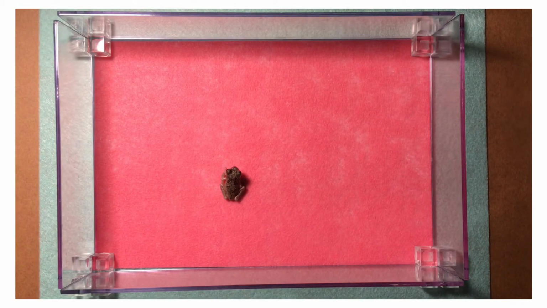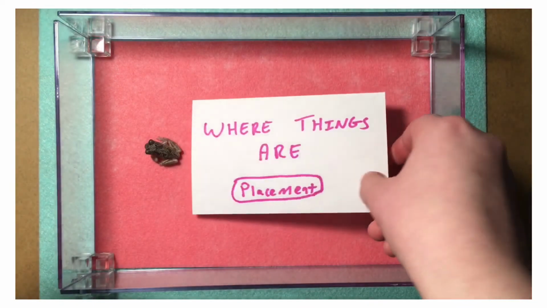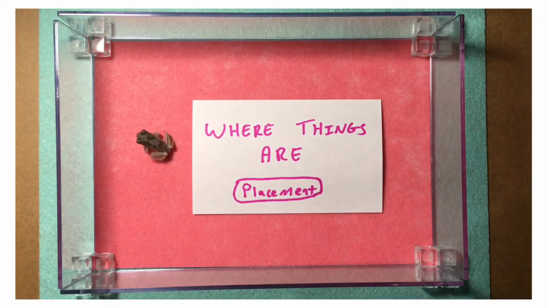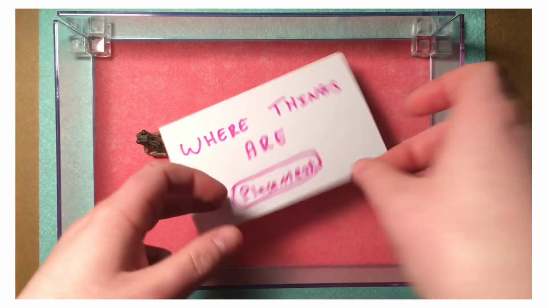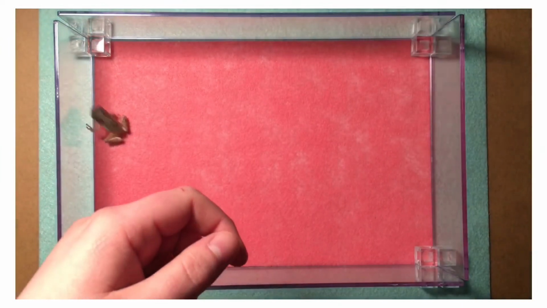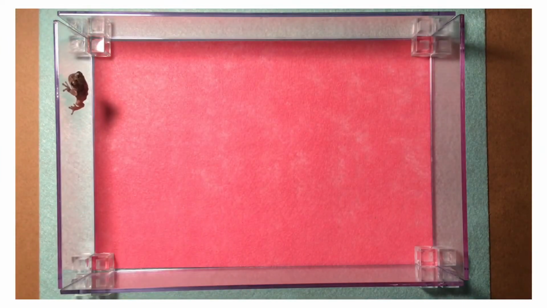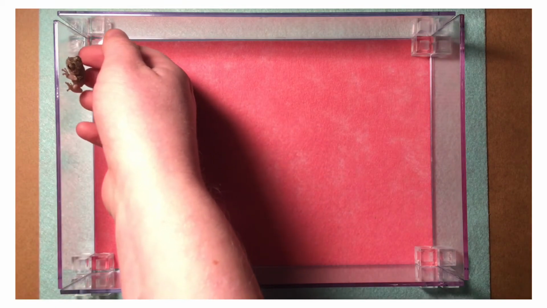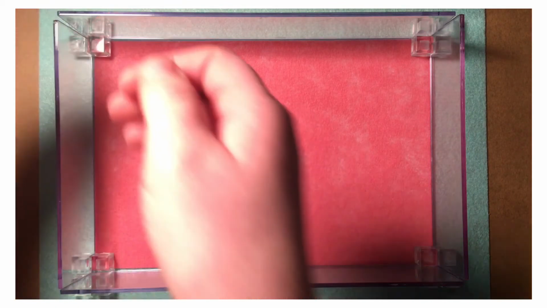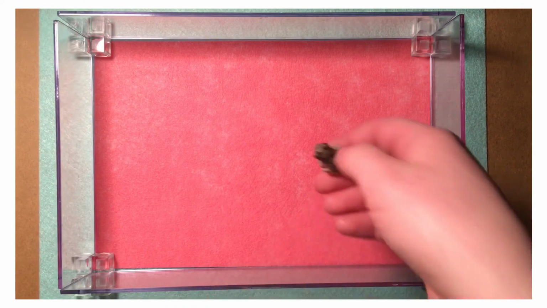Another one is placement. So we can make a focal point by using, oh no, where are you going? Placement. She's gonna escape. Come here, little one. Oh, you're so squishy.